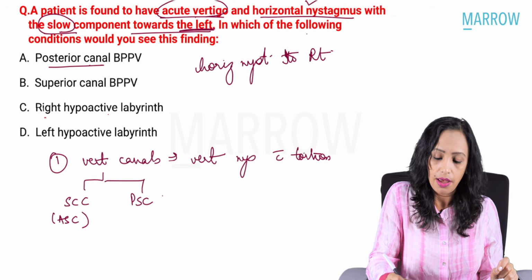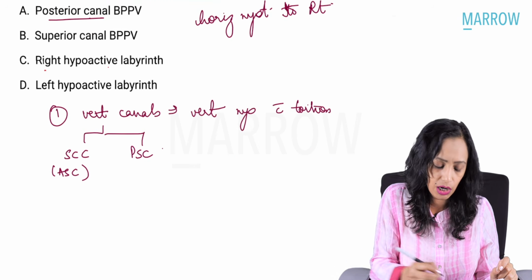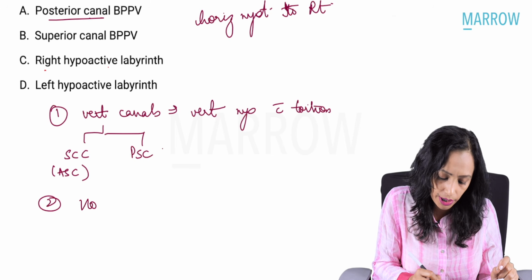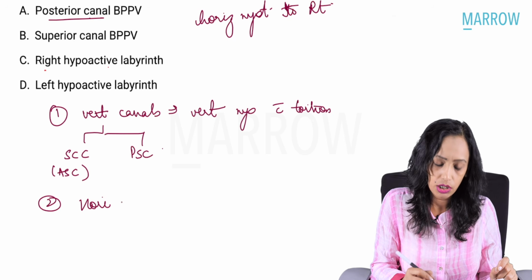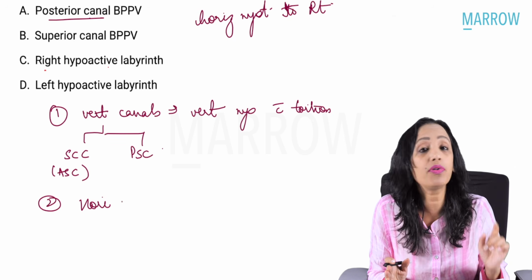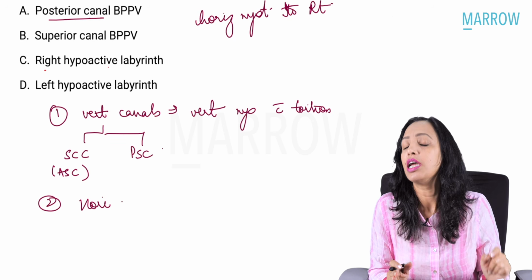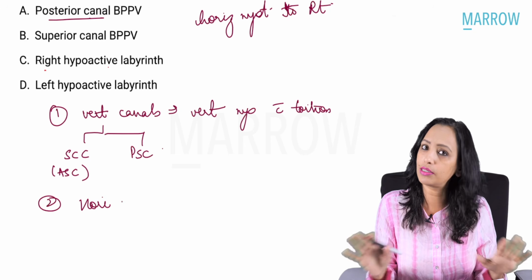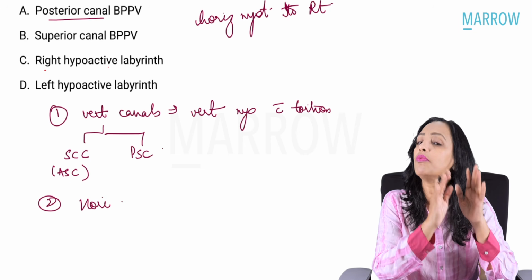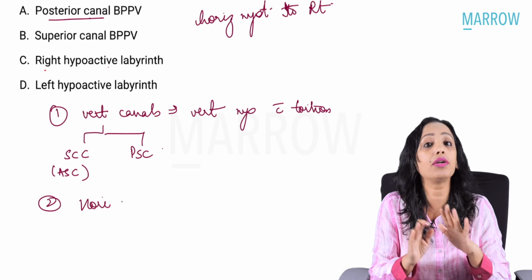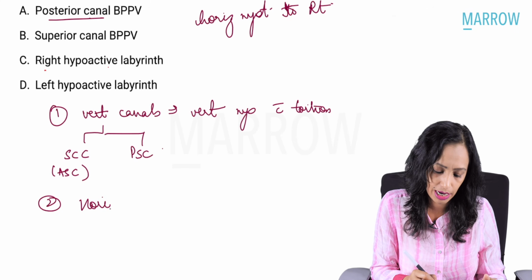With torsion. Whereas if it is an involvement of the horizontal canal, horizontal canal involvement will lead to what type of nystagmus? It will lead to horizontal nystagmus. That is simple, right? Vertical canal, vertical nystagmus. Horizontal canal, it will always be horizontal nystagmus.